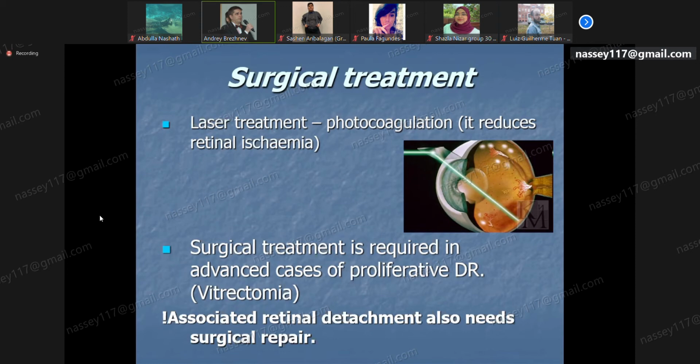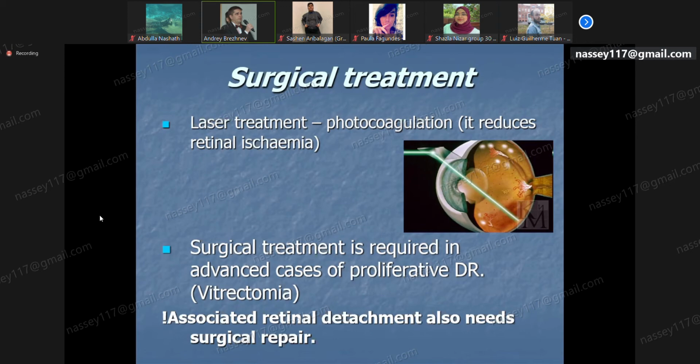Surgical treatment is required in advanced cases of proliferative diabetic retinopathy. Vitrectomy is the procedure of removing the vitreous body and cleaning the surface of the retina from debris, from the connective tissue.